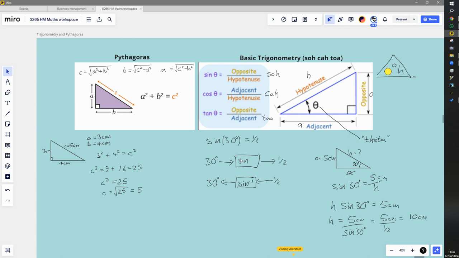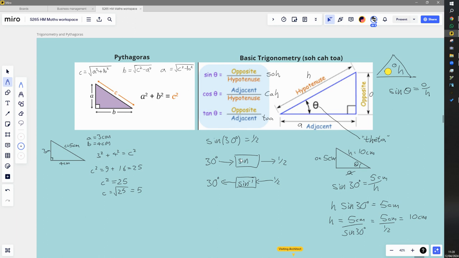Now, what if we wanted to work out theta? Let's go back to this situation here. We now know the hypotenuse is 10 centimeters. Let's say I didn't know what this angle was, so we'll just call it theta.